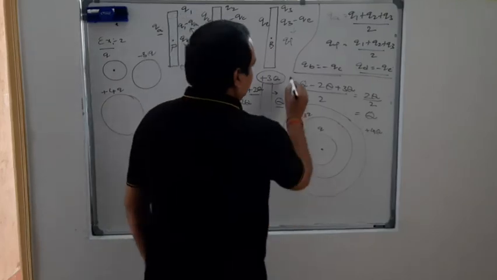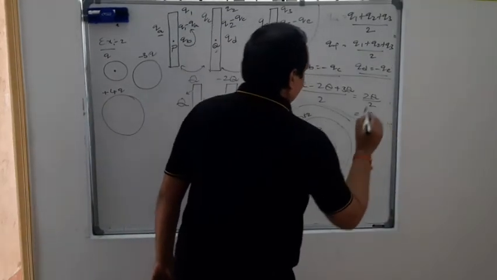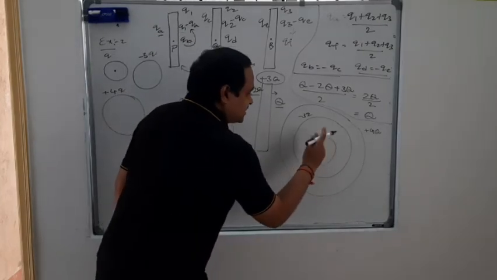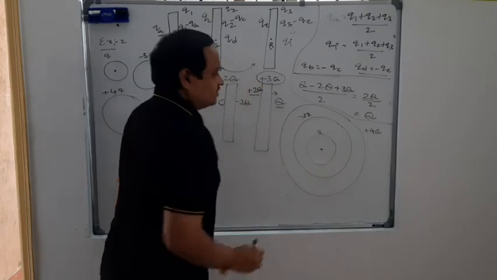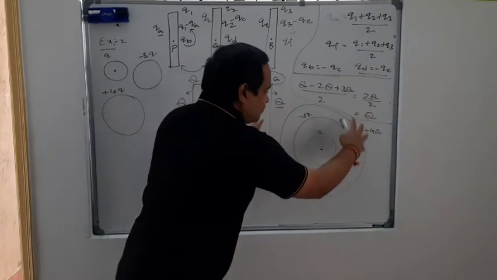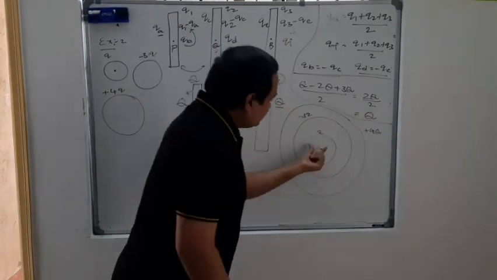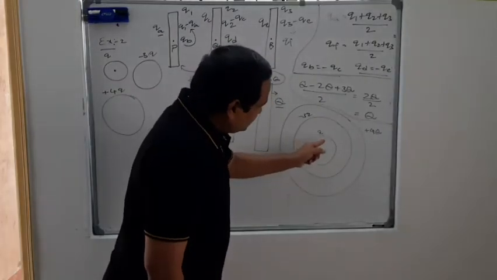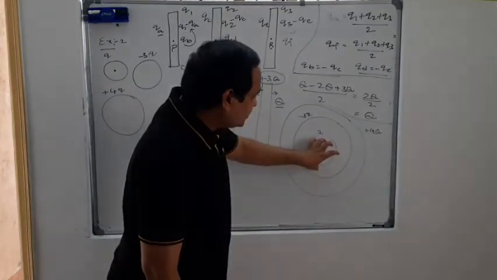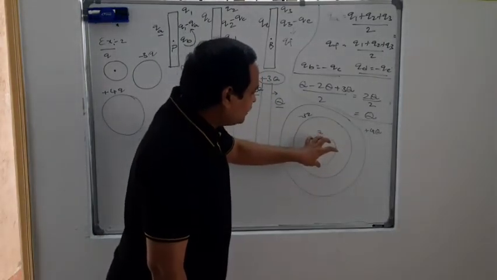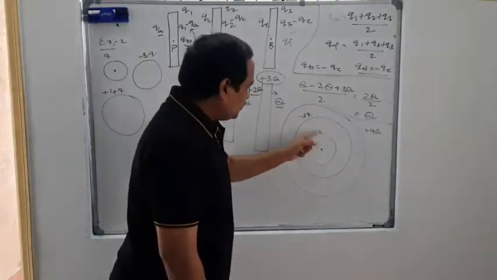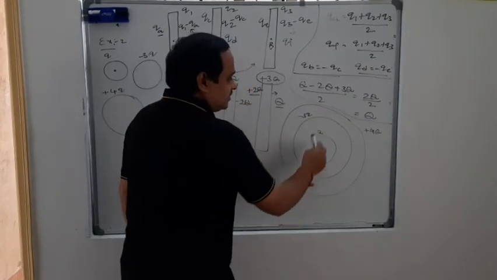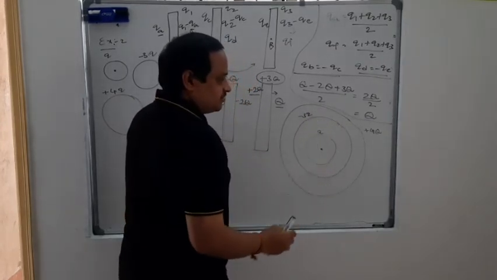See, let us say charge q has been given to the inner one. If we consider this as a whole shell, this will be the inner region of the shell, correct? Then there will be no charge distributed inside it. Whatever charge is given to the inner shell will be reflected on its surface. So q will be the charge. Now according to our condition, opposite surfaces will gain equivalent opposite charges, right?